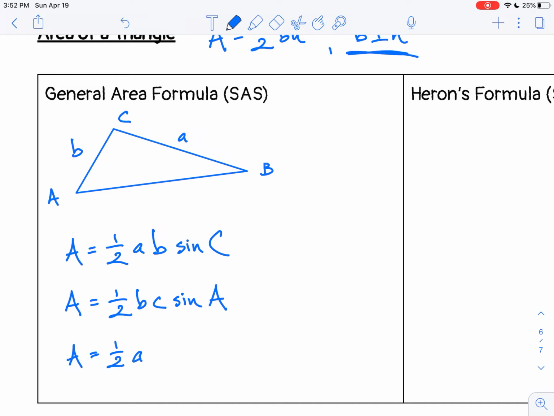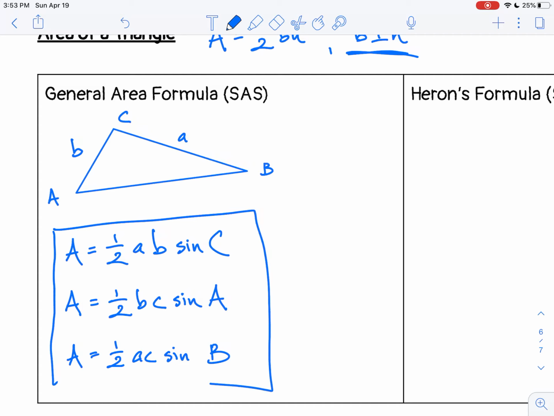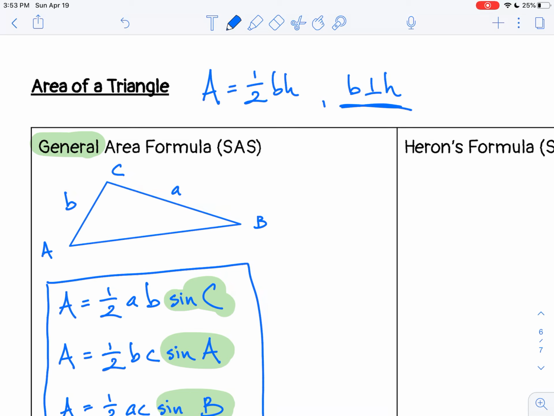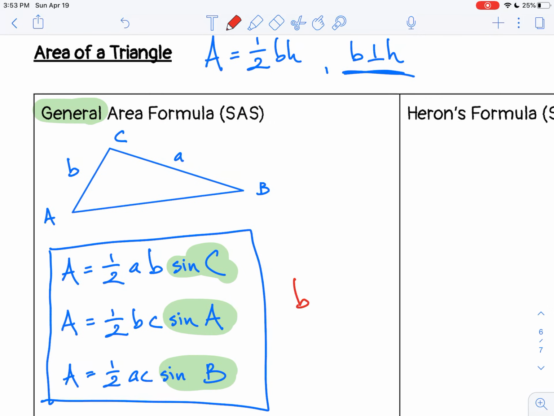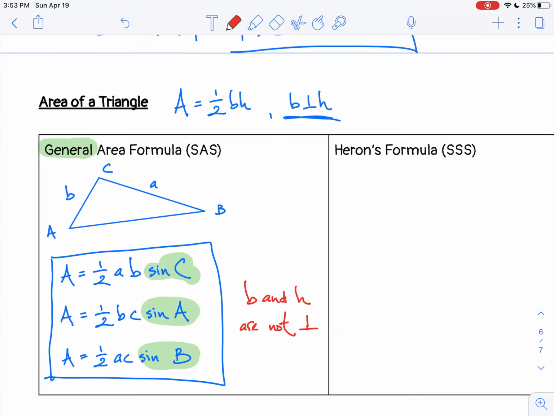Or I could do 1/2 a times c and sine B. All 3 of these variations work, and that sine C, sine A, sine B make it the general formula, and you don't have to know that the base and height are perpendicular.